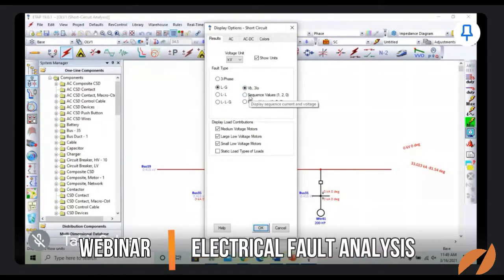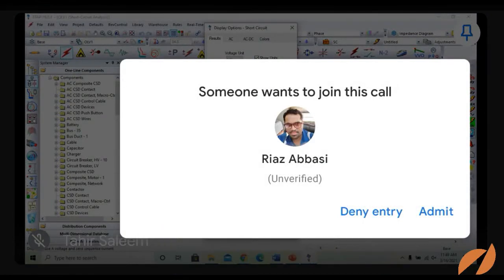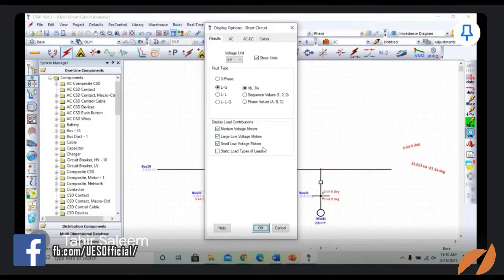If you want to see the sequence values, 120, or the phase values, you have different options. Now we are just putting here the phase A voltage and the zero sequence current. And for display load contribution, there are medium voltage motors, large voltage, or static load types of loads.